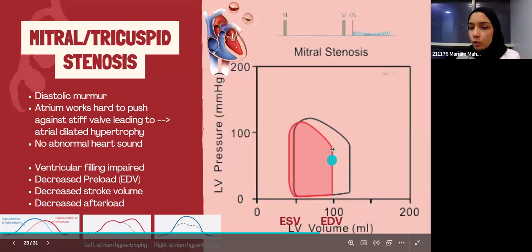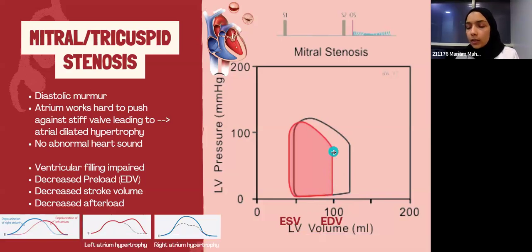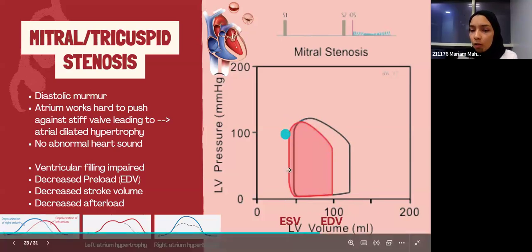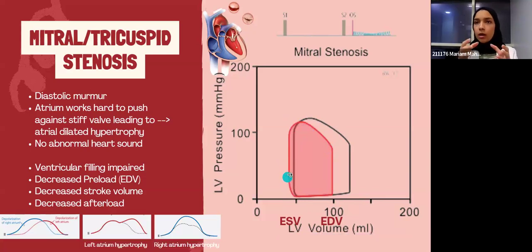And then there is the isovolumetric contraction, and the ventricle will contract normally because the contractility of the ventricle is normal, so it will push, and you will find that the end systolic volume is even decreased because basically the contractility is the same, and you have less blood, so it's pushing out more.